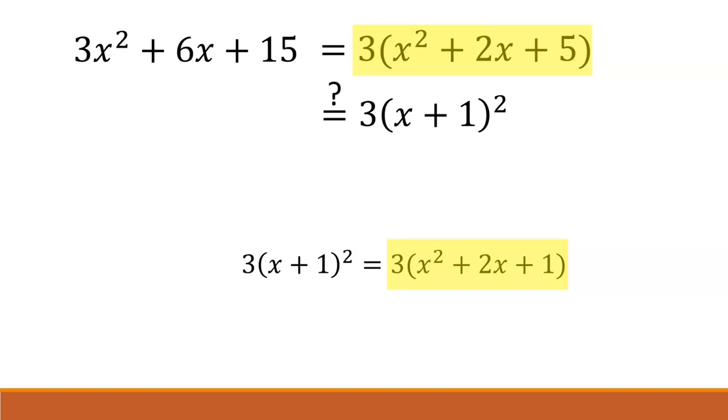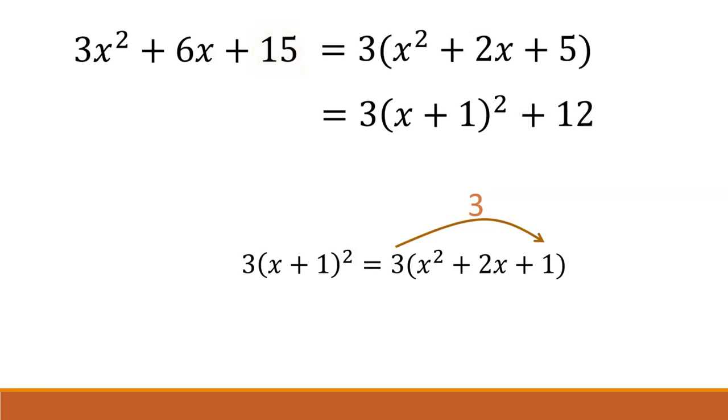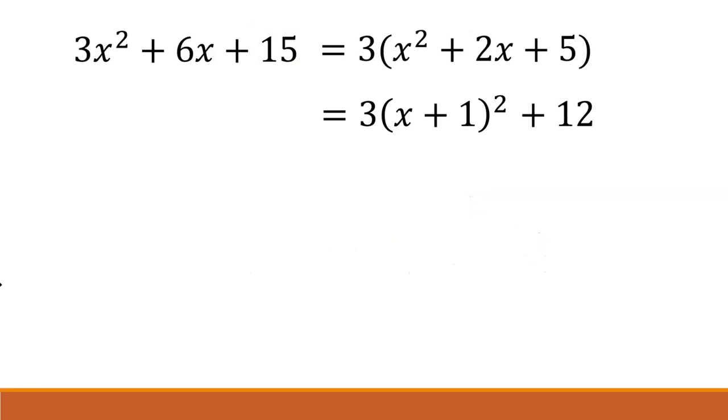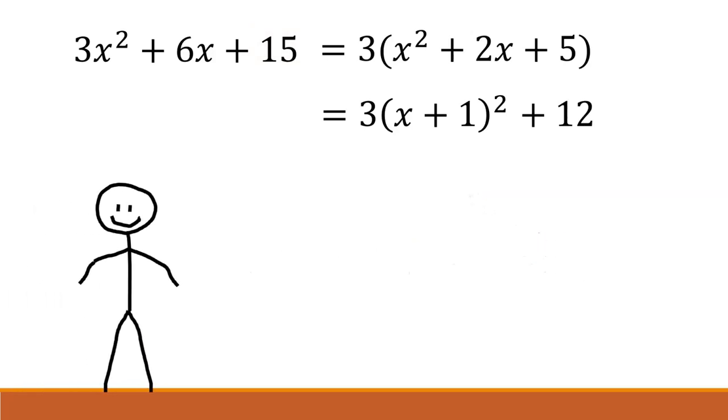So how far off are we? Well, the constant term we have so far is 3 times 1, which is 3. And the constant term in our original expression was a 15. So in order to make these expressions equivalent, we'll have to add 12 to the one that we have so far. And that's it. We've completed the square when the leading coefficient is not a 1.